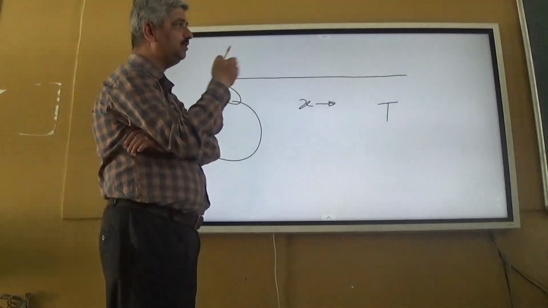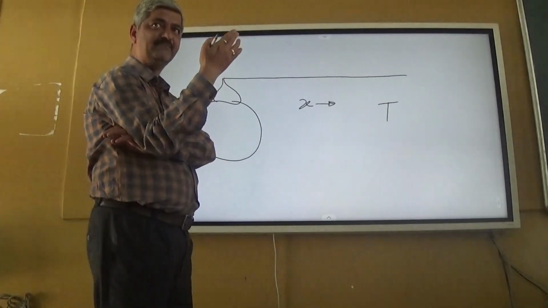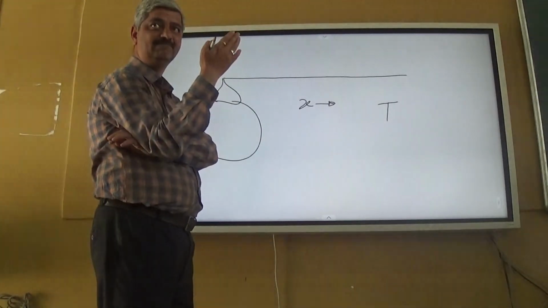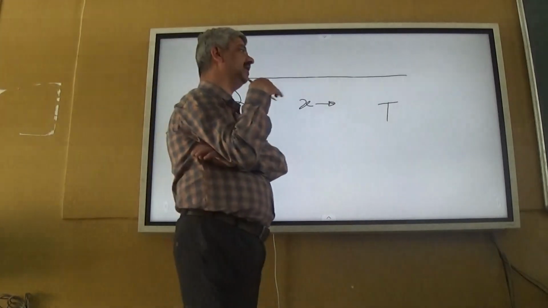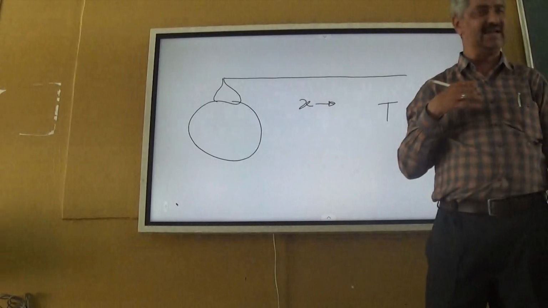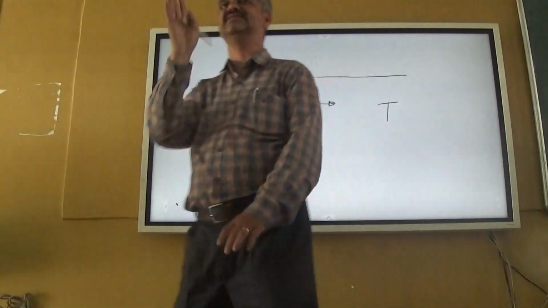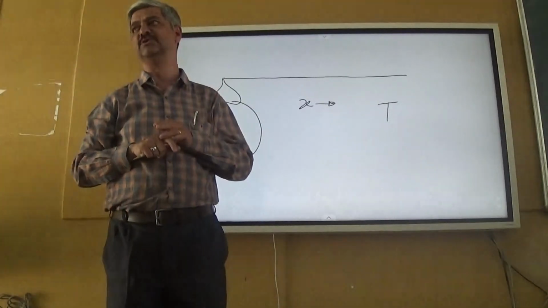As you move away, the temperature will drop down. It means temperature is a function of distance from the origin.